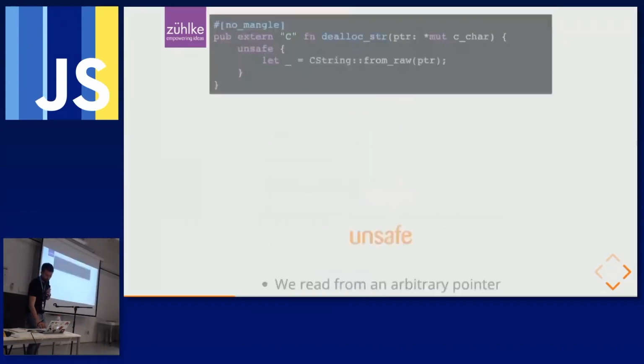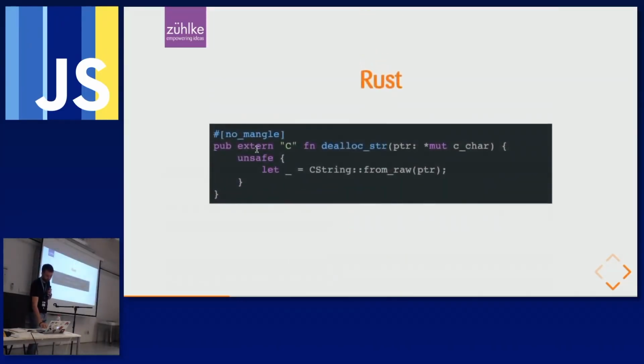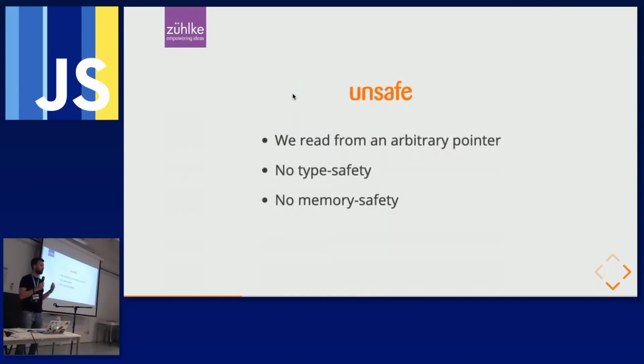Yeah, you saw up here, there's again our lovely little unsafe block, this one here, right? We need that because we are reading an arbitrary pointer. You could pass in any integer there. Rust can't validate that, so it doesn't know, is that an actual pointer to our memory or will it overflow the memory? Is it type safe?